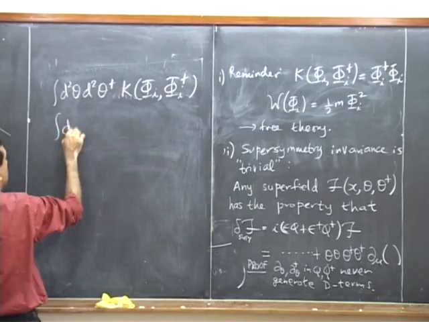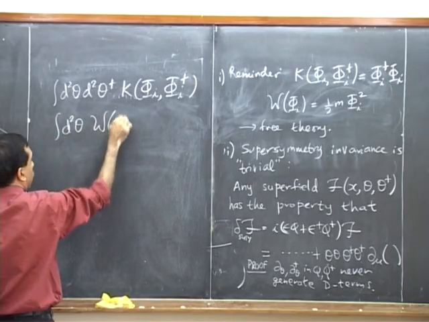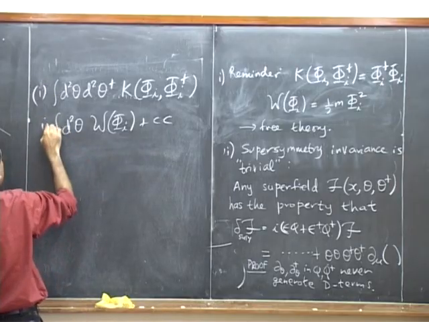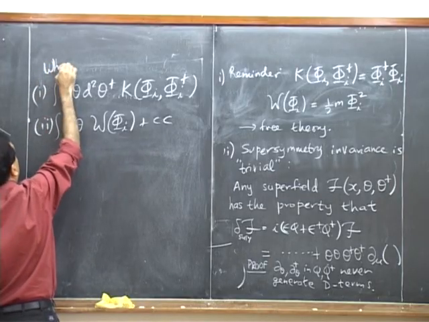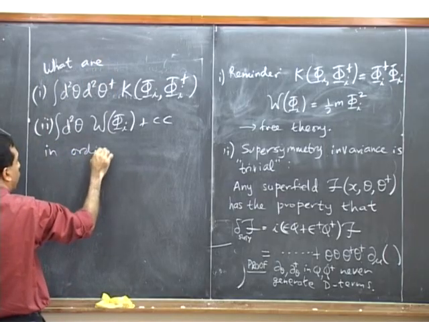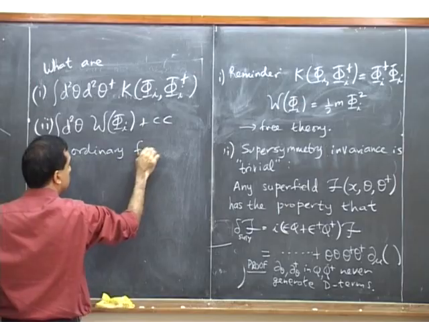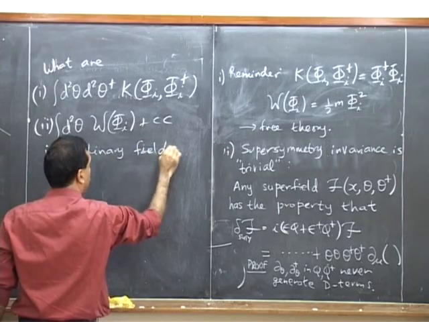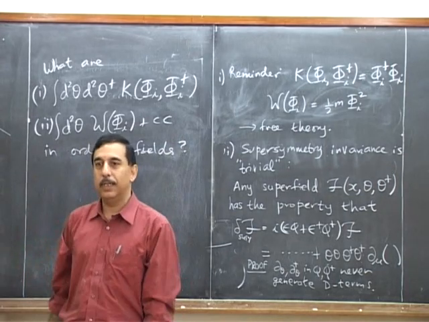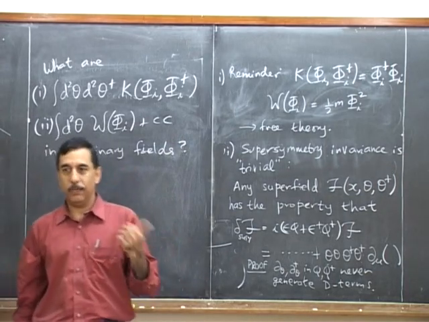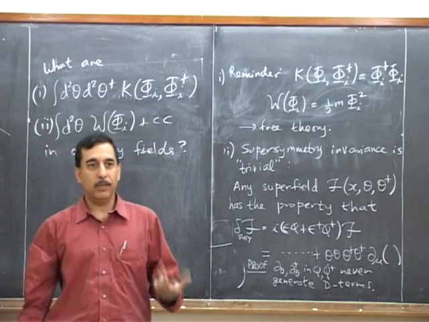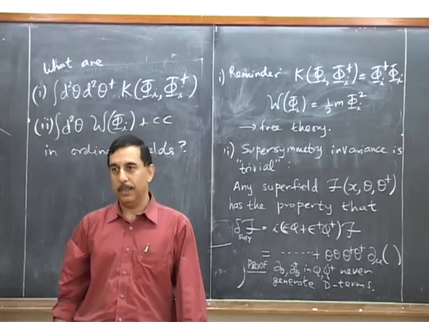And what is this? In terms of ordinary fields. And what we can say without doing any calculation is that it's going to give me a theory involving a set of complex scalar fields phi I, a set of fermions psi I, and a bunch of auxiliary fields which I hopefully can integrate out.